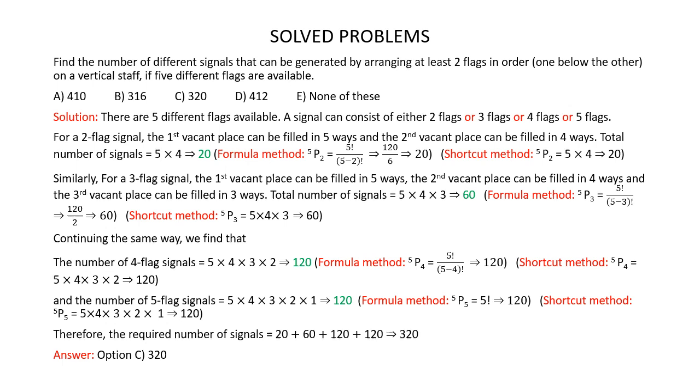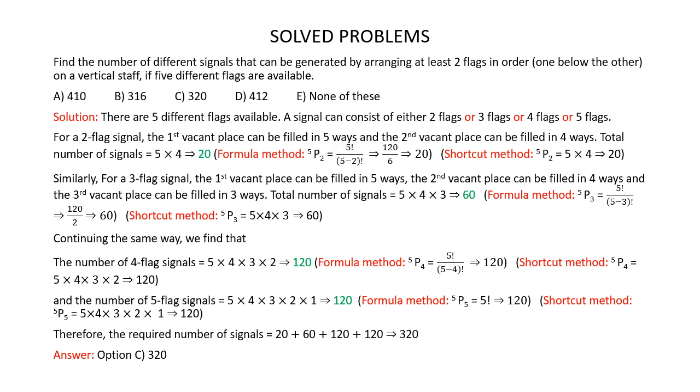Now, for a two flag signal, there will be two vacant places, one below the other on the vertical staff in the signal. So the first vertical place can be filled by any of the 5 flags. So the first vacant place can be filled in 5 ways.